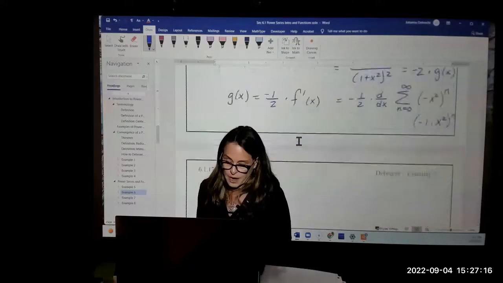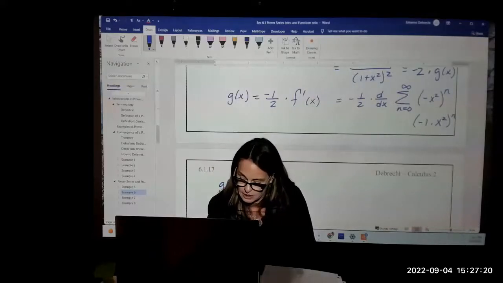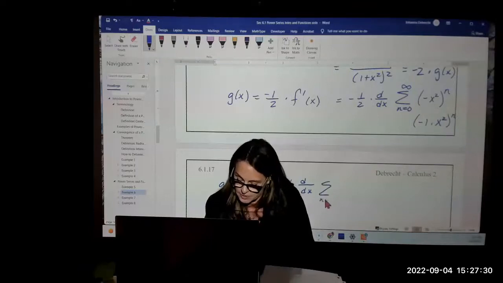So I can rewrite that then. This is my g of x still, equal to negative 1/2 times the derivative with respect to x of the series from 0 to infinity of negative 1 to the n times x to the 2n.